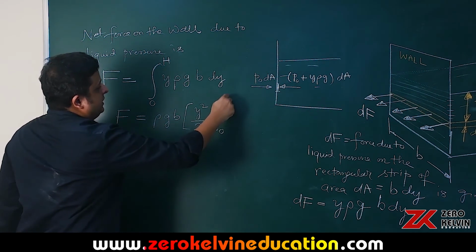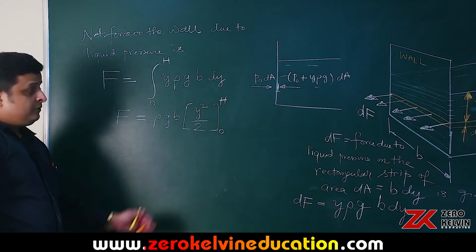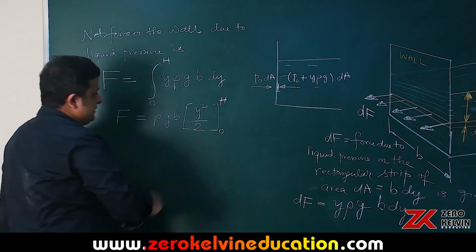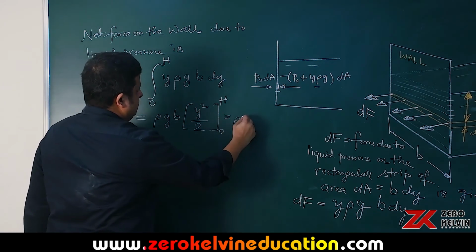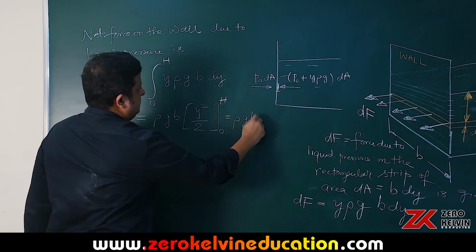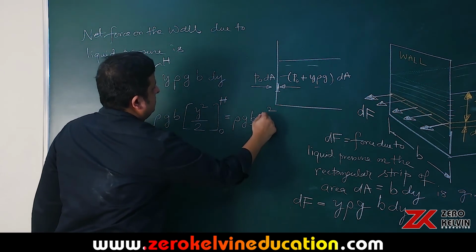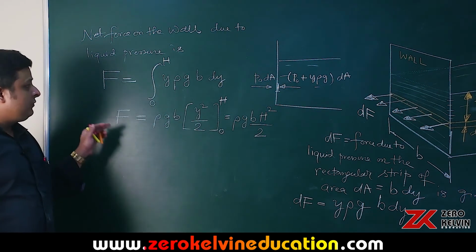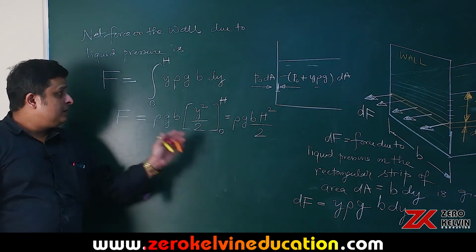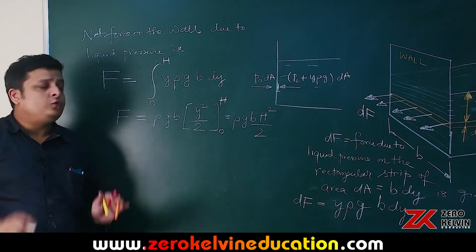Now you put the limits of y from 0 to h. Now as you know we have to subtract. So the force comes out to be rho g B h square by 2.